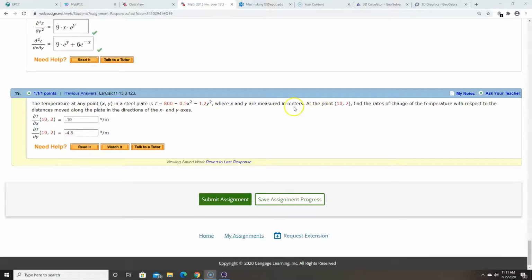Anyway, so all we're going to do then is find the partial derivative in the direction of the x-axis and the y-axis, just like I showed you in the textbook. So it just boils down to take the derivative of this two-variable function partially with respect to x, and that'll be one formula. That'll be the partial derivative formula for the slope along the surface at any point in the direction of the x-axis.